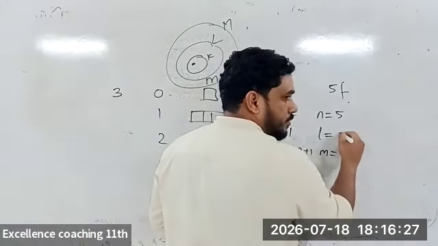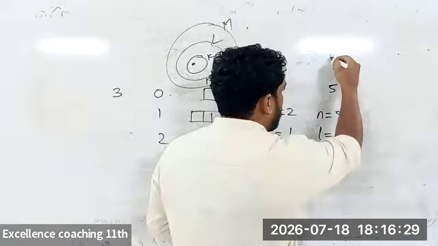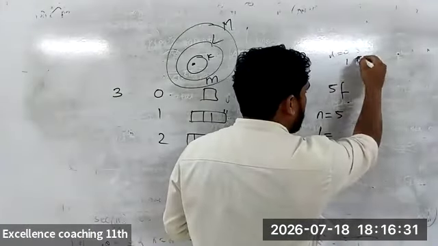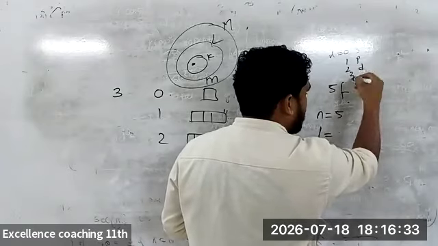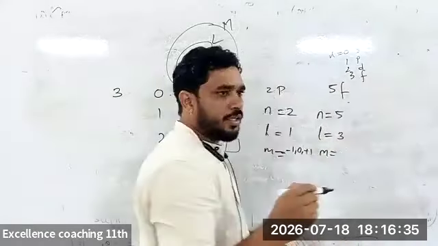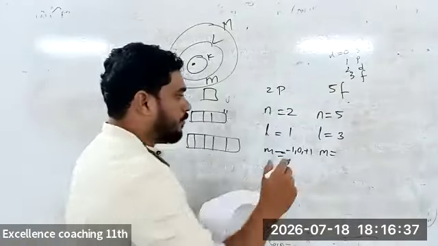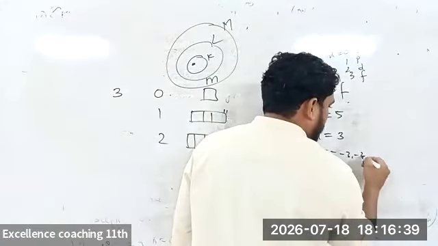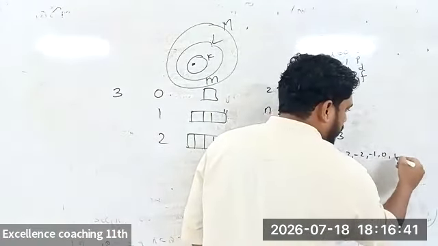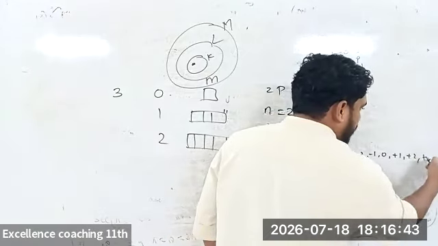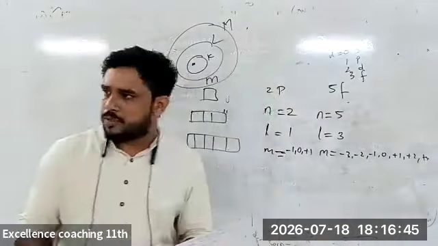L will be what? L is 0 for s, 1 for p, 2 for d, 3 for f. So l is 3. And m values are -3, -2, -1, 0, +1, +2, and +3. All the m values you have to write.